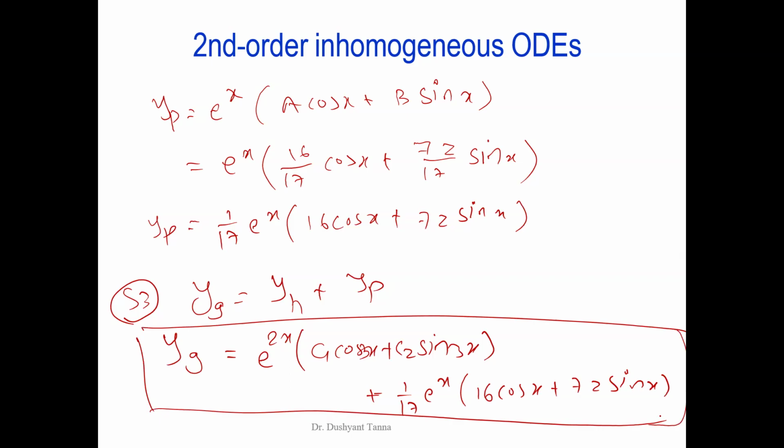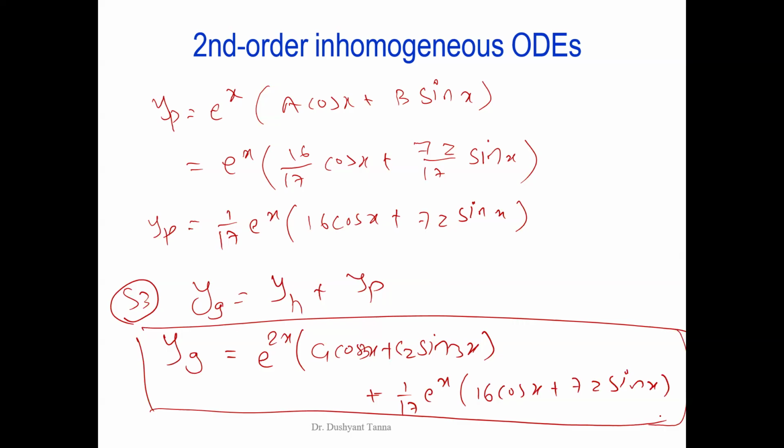It's long, you may get lost, but follow the steps. What are the steps? 3 steps. First, you find yh. yh is from the characteristic equation for the corresponding homogeneous equation. Follow the 3 cases that we discussed. Then find yp based on the table value; there is still one more case to discuss, but based on the table, decide what it fits in.